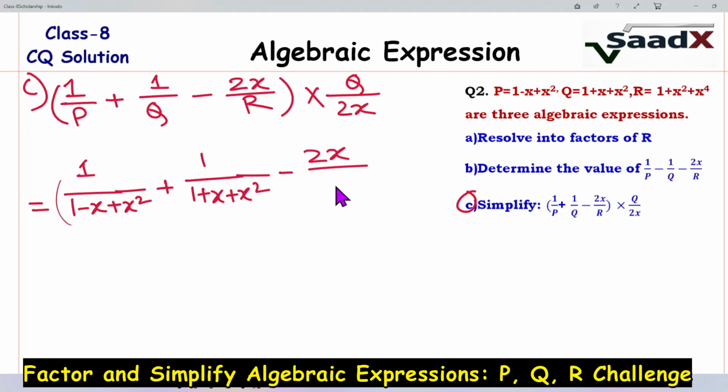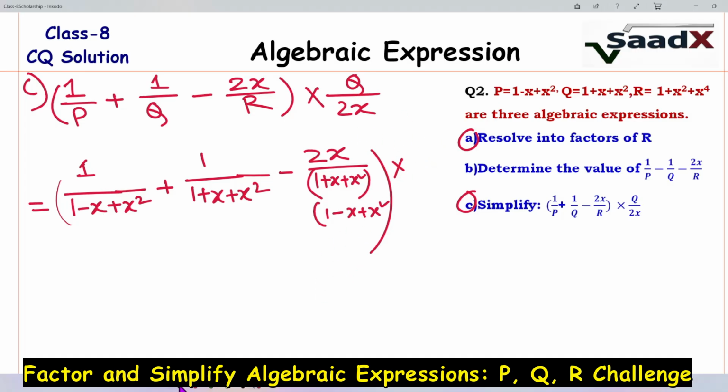R we already got from number A, which is 1 plus x square and 1 minus x plus x square, right? And here is a bracket close times Q divide 2x.